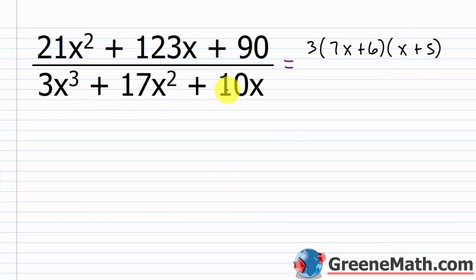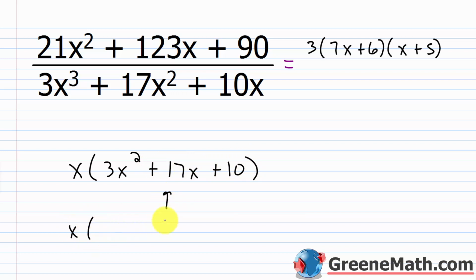All right, for the denominator, I can pull out an x to start. That would give me 3x squared plus 17x plus 10. And then for this part right here, again, I'm going to use reverse FOIL because this guy's prime. So 3x and x. That's the only way you can get 3x squared. So I need to figure out how to get a middle term of 17x.